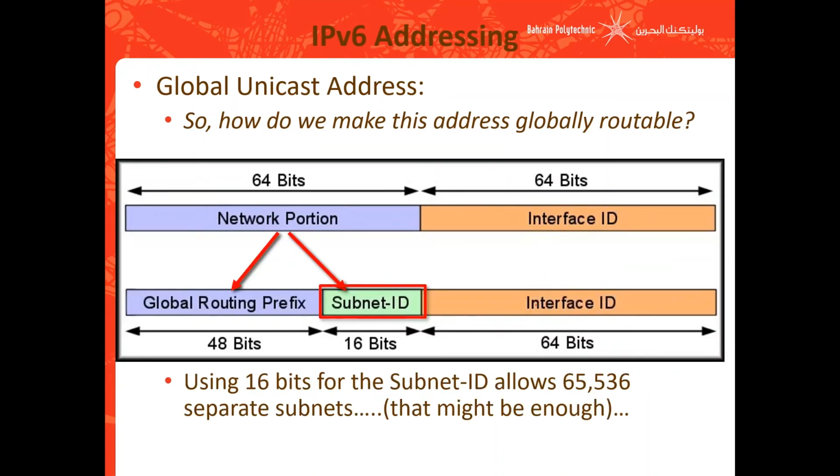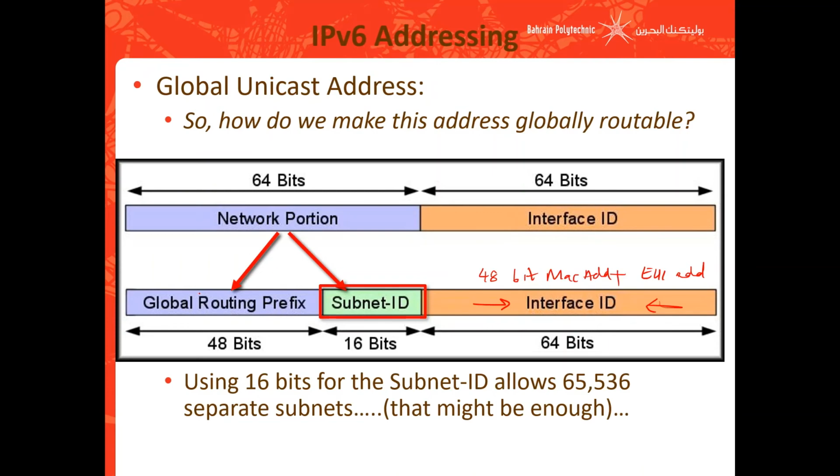So this is what happens. You have 64 bits for the interface ID. It contains the EUI address, and then it has the 48-bit MAC address.